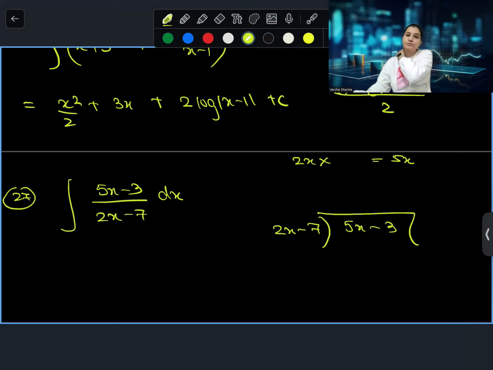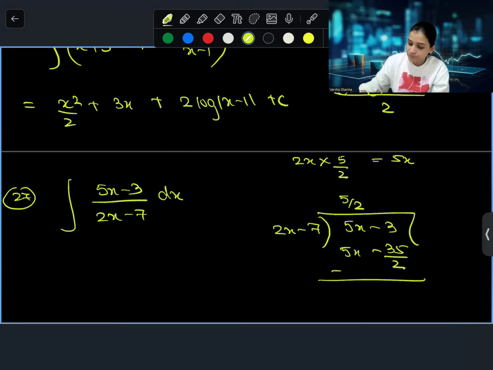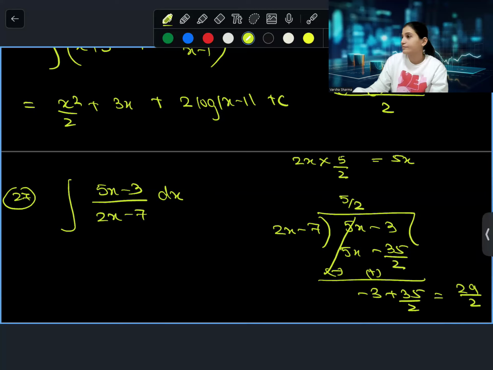In 2x, what should you multiply to get 5x? 5 by 2. So 5 by 2, multiplying with the entire term. This is 5x minus 35 by 2. Sign change. So I'm getting minus 3 plus 35 by 2, which is 29 by 2. Yes. Is it okay?